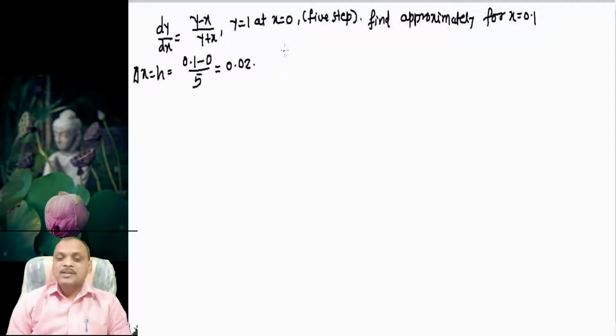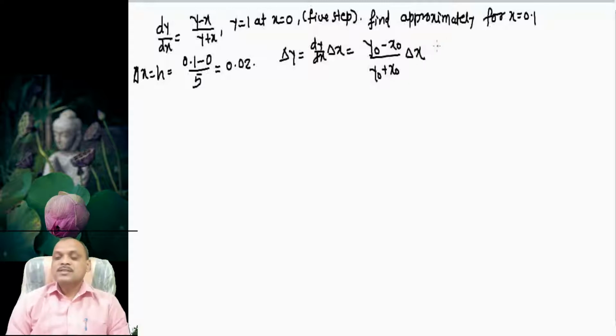Now, friends, delta y equals dy/dx into delta x, which is (y0 - x0)/(y0 + x0) into delta x. So first, x0 equals 0.